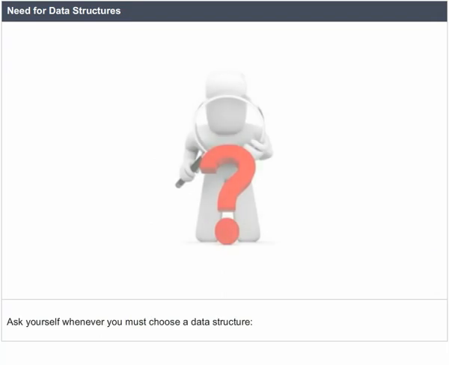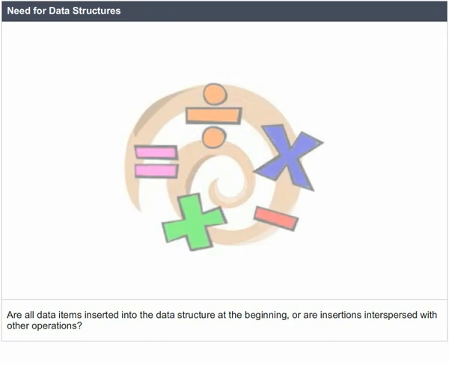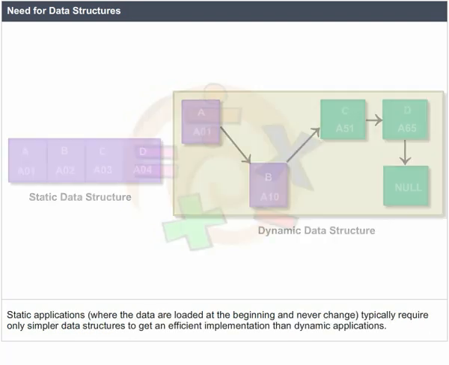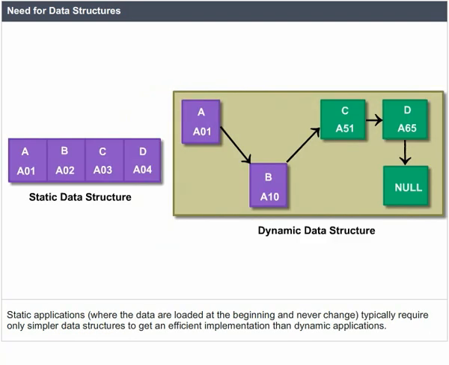Ask yourself whenever you must choose a data structure: are all data items inserted into the data structure at the beginning, or are insertions interspersed with other operations? Static applications, where the data are loaded at the beginning and never change, typically require only simpler data structures to get an efficient implementation than dynamic applications.